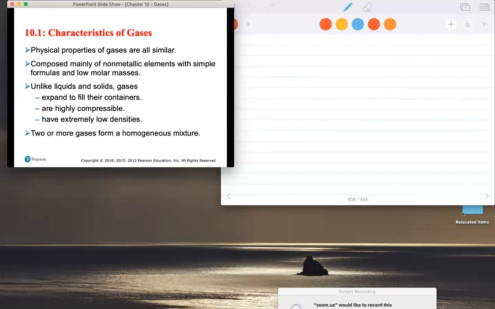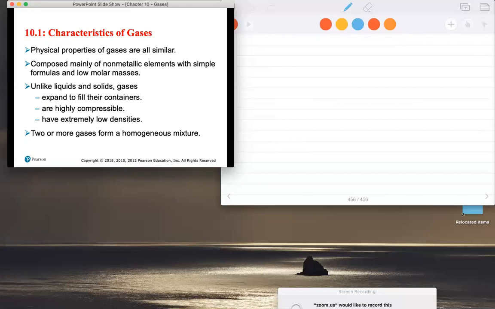You all know the properties of gases compared to solids and liquids. Most gases, or all gases, have almost similar properties. Let's talk about their compressibility. They are compressible compared to solids and liquids. They can expand to fill the container they are in.